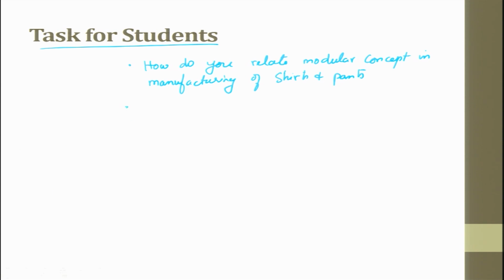What are the different modules which are there when you try to manufacture a shirt and a pant? And then how do you benefit by doing this modularity? That means to say, if you do not follow modularity, what is the time going to be, what is the performance going to be, and what is the cost going to be, and if you do it, how is it going to be done.